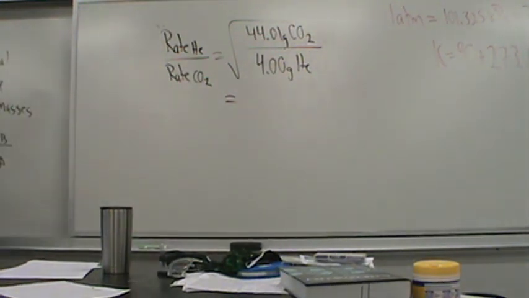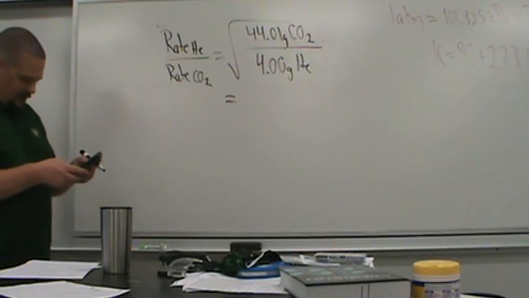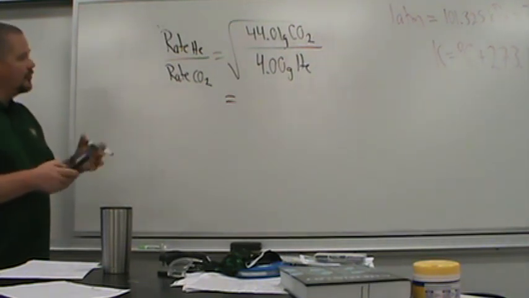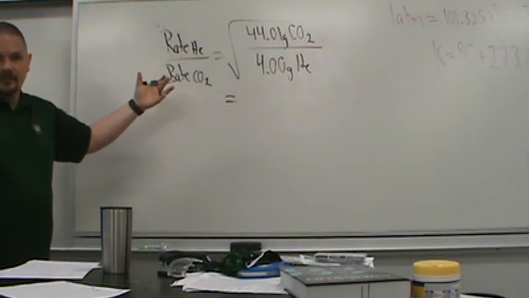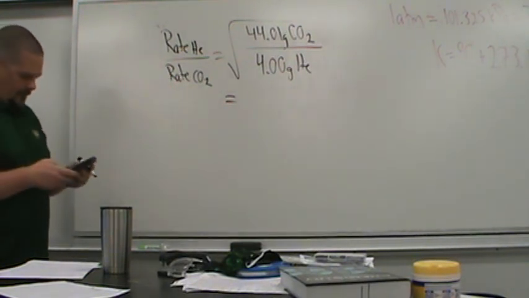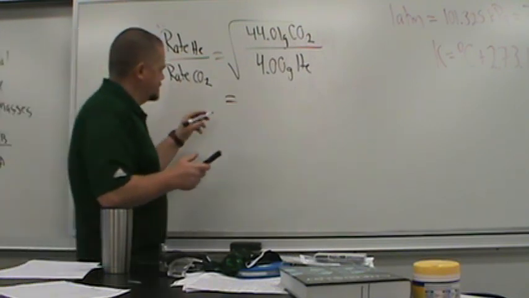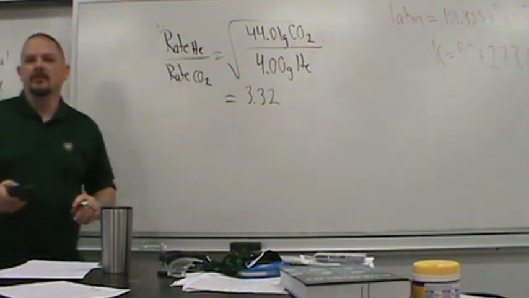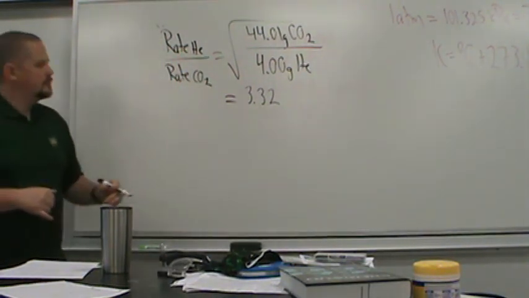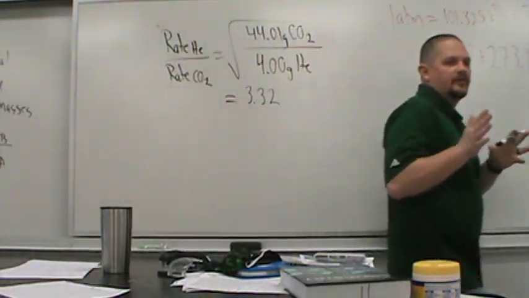Let's run this through the calculator. I'm going to take the square root of 44.01 divided by 4. If we look at our masses, carbon dioxide is roughly 11 times bigger. Agree? I'm coming up with a number of 3.32, and the rate of diffusion is just a number.